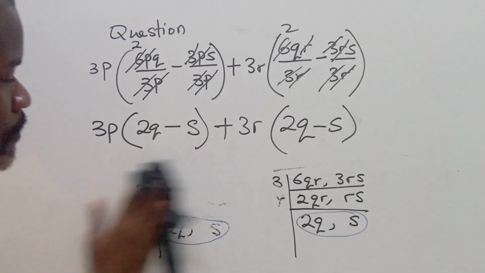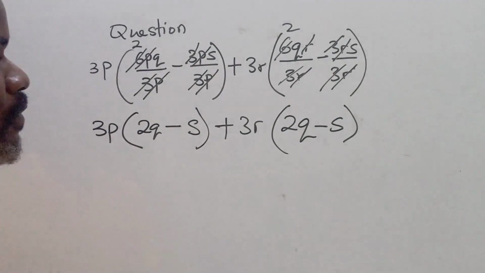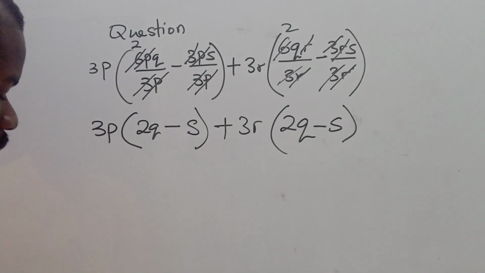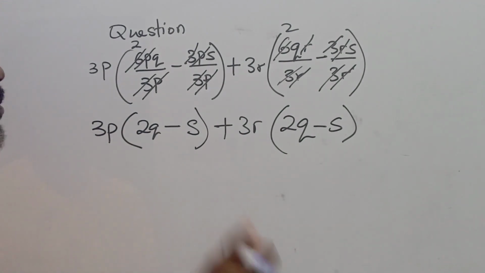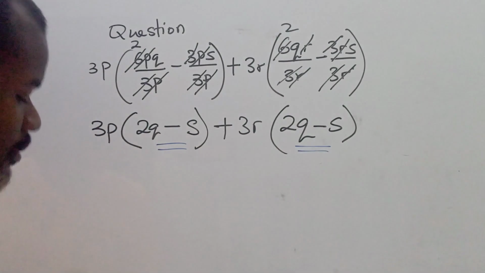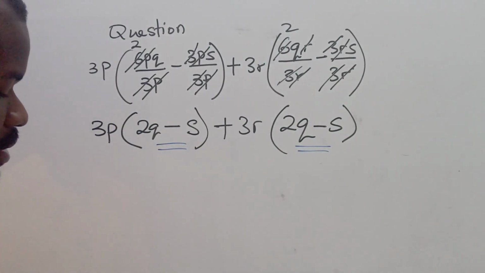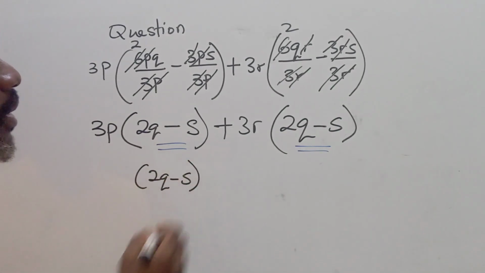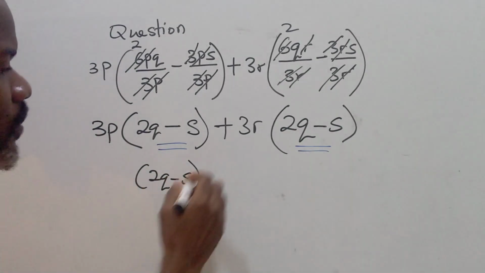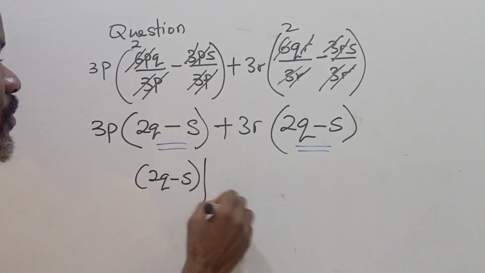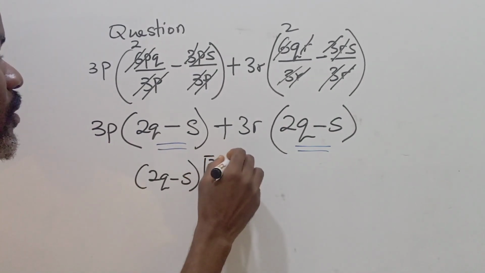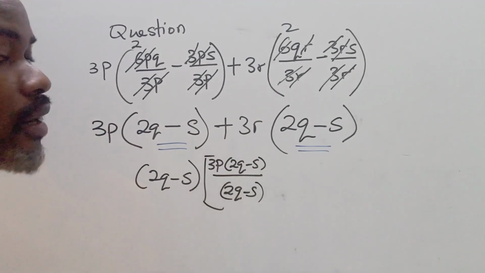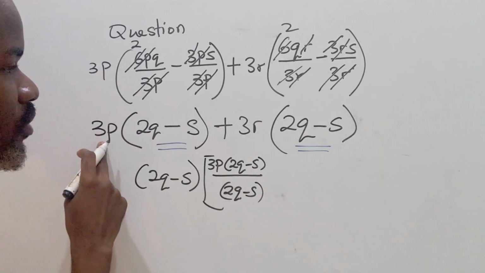Now from this, we can see that something is still common. What is common in this case is 2q minus s. This is common and this is common, so we can factor out that. So I have 2q minus s. For this part, if we divide out 2q minus s, we are left with 3p.